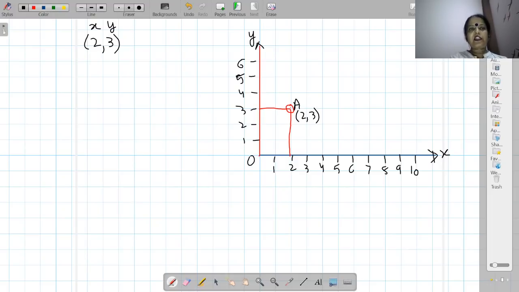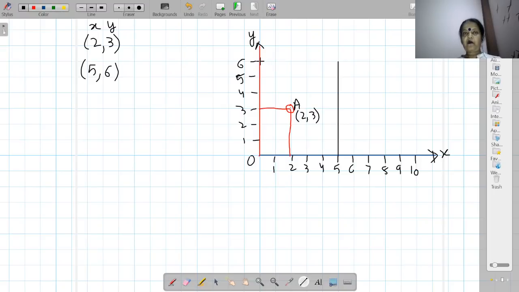Now let's take one more. Let it be 5 and 6. Go for 5 and 6. So what we will do? From x-axis, we will take 5 and move towards x-axis, and then move towards y-axis, and here y value is 6.